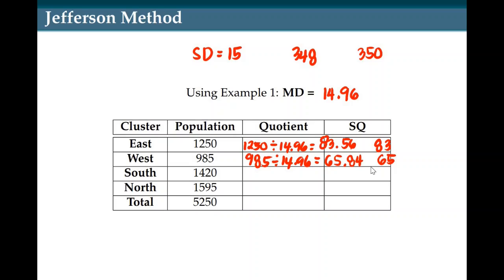We have 1,420 divided by 14.96. That will give us 94.92.